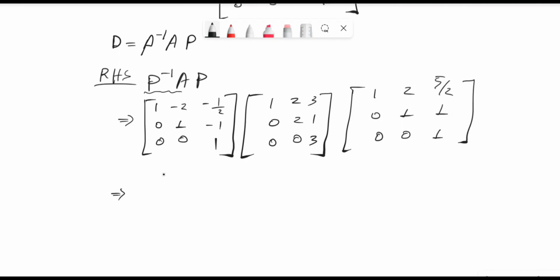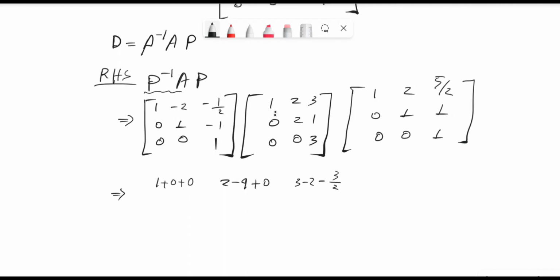We'll multiply this row with this column and add them. So we have 1 plus 0 plus 0, then 2 minus 4 plus 0, then 3 minus 2 minus 3 by 2.